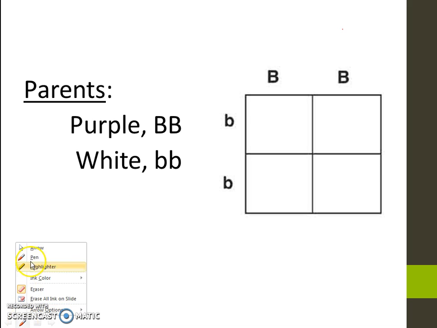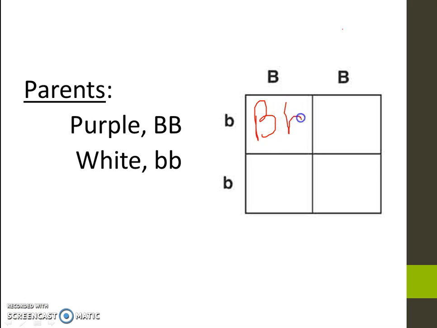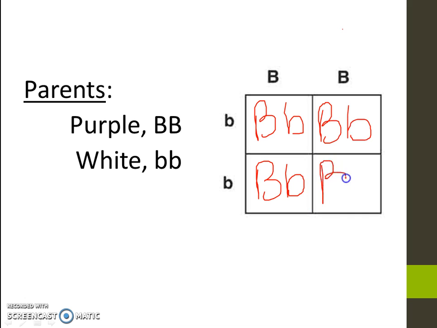So, therefore, you will have big B, little b in this box, big B, little b in this box, big B, little b, big B, little b. So this one's pretty easy. So you pull down and across, down and across, down and across, down and across.